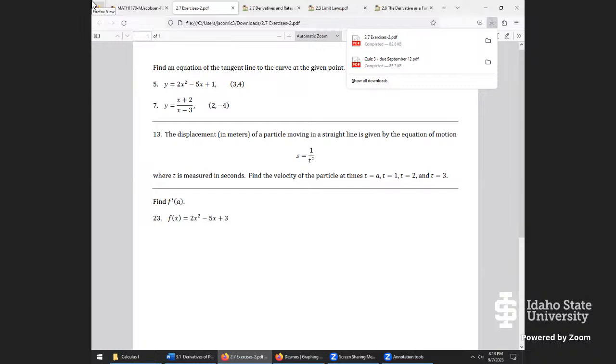It'll be the h times h minus 1 in parentheses in the denominator. So you're pretty much just copying that once and then multiplying that right in there. So then this turns into 5h over h minus 1.